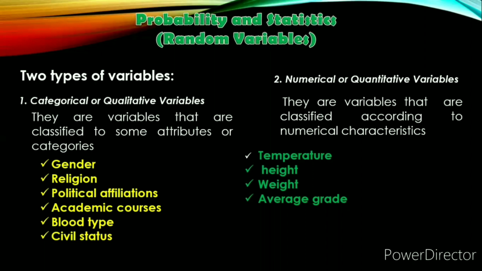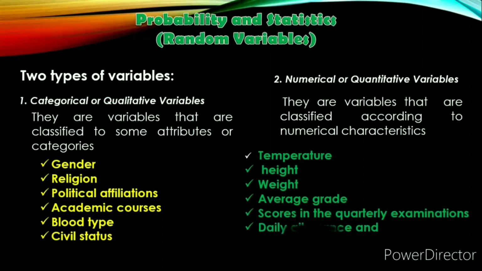It involves numbers, and your scores in the quarterly examinations. Next are your daily allowance and your average internet consumption. These examples are good examples of numerical or quantitative variables.